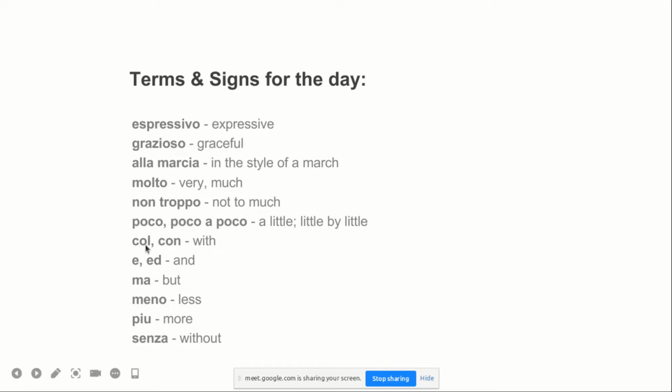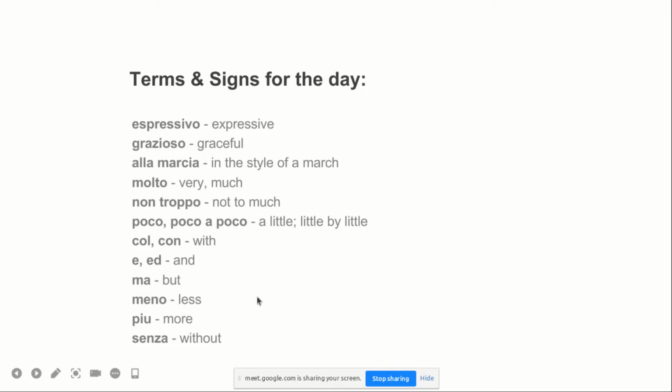And then we have col or con, which is a connecting word, with. Col is with. Con is with also. We have e or ed, that means and. And then we said earlier ma is but. And then meno is less. Meno, less.